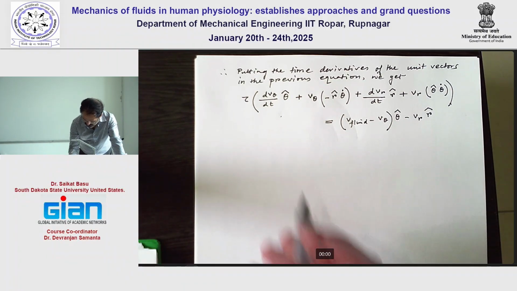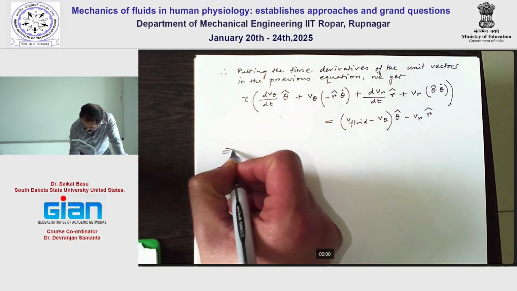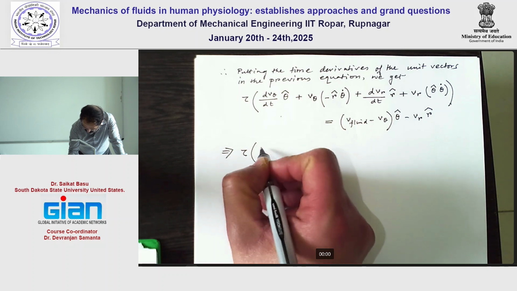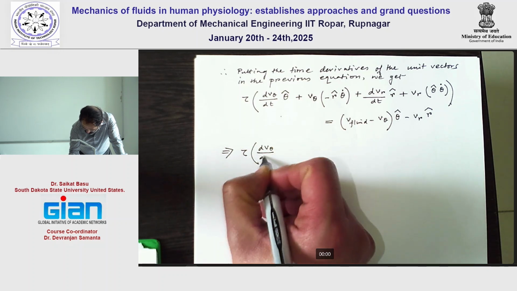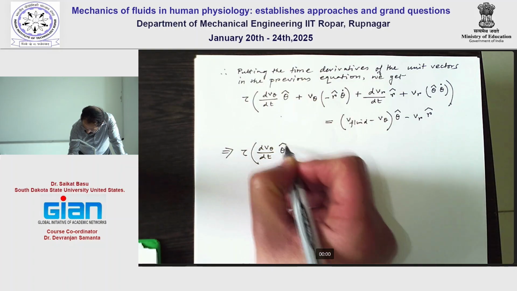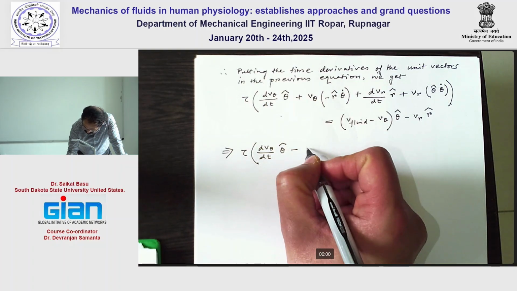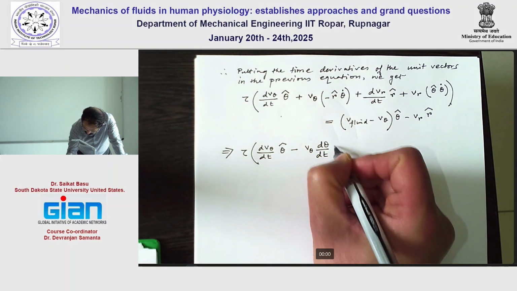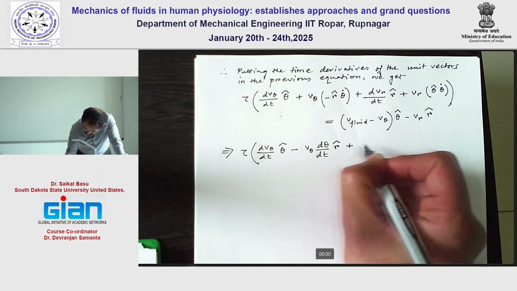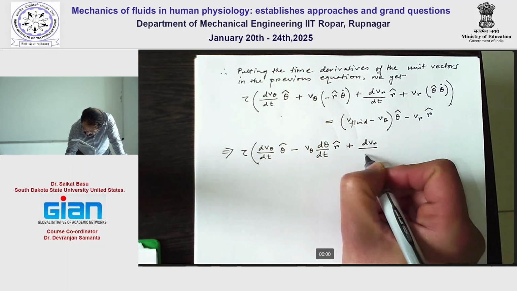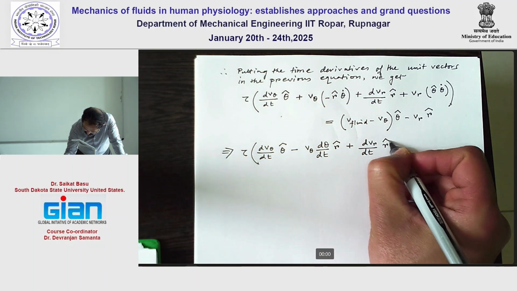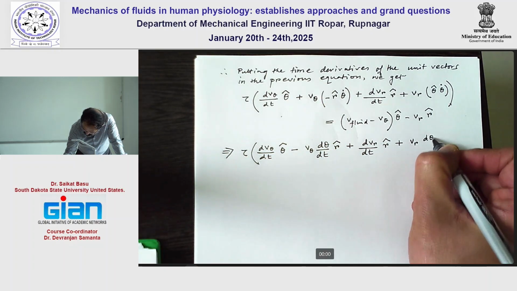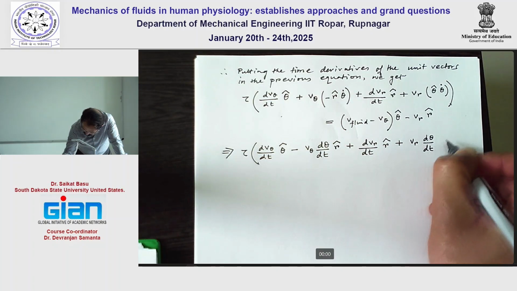Okay, now let's write it in the dt format. So dv theta dt theta hat minus v theta d theta dt r hat plus dvr dt r hat plus vr d theta dt theta hat.